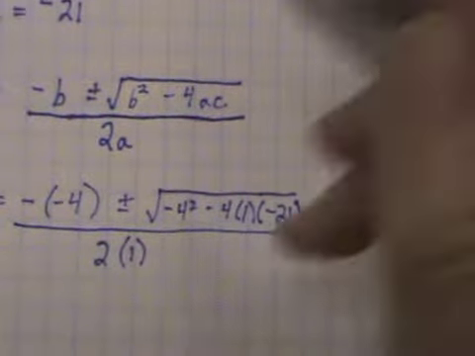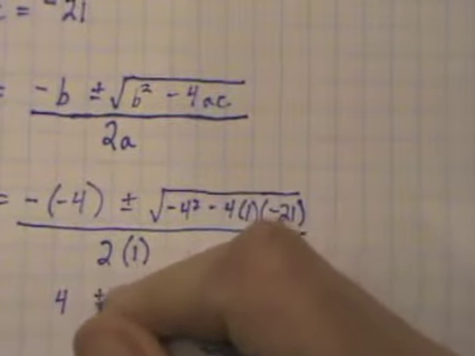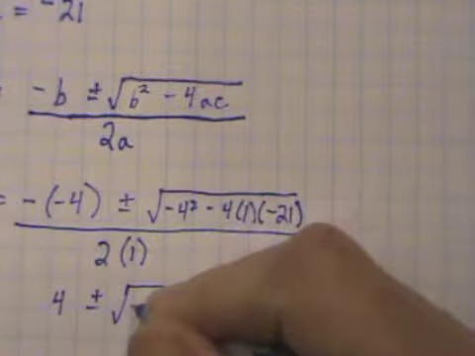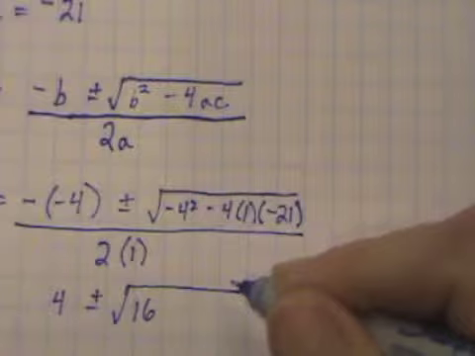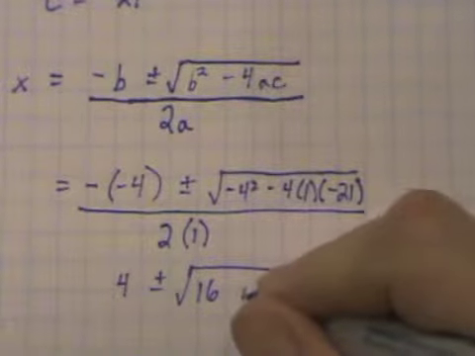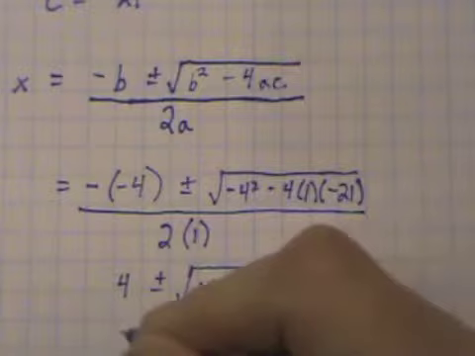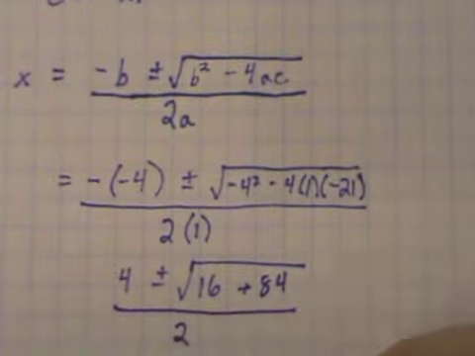Let's simplify. 4 plus or minus the square root of 16, and what on earth is 4 times 21? Hang on. 16 plus 84 over 2. Whew.